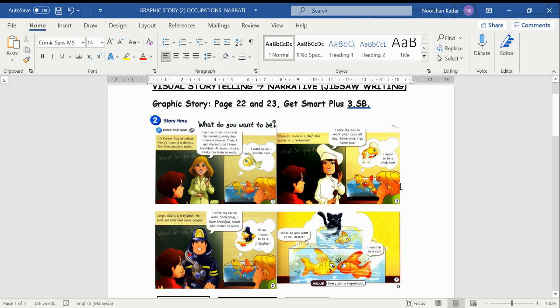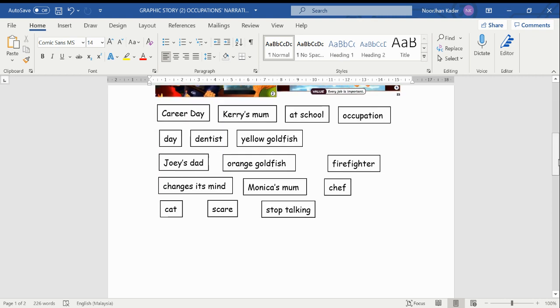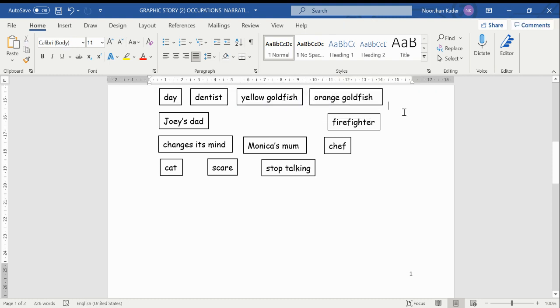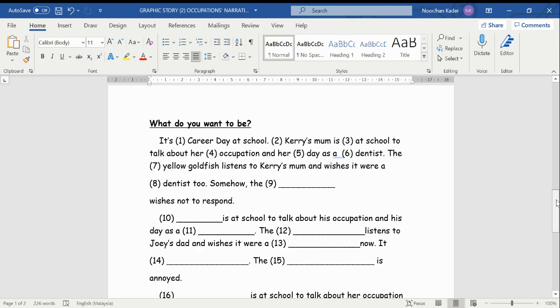It doesn't want to listen. Okay, so the answer will be the orange goldfish. So let's move this here, so that when you have finished, you can check. Somehow the orange goldfish wishes not to respond.